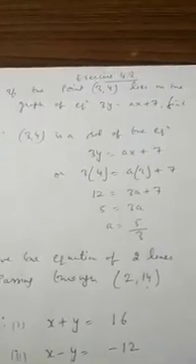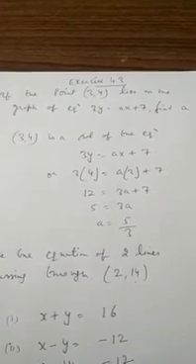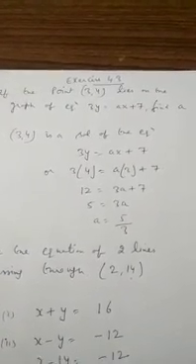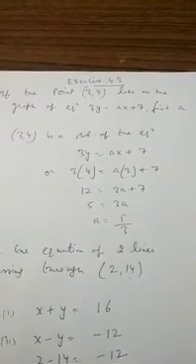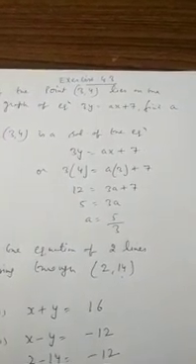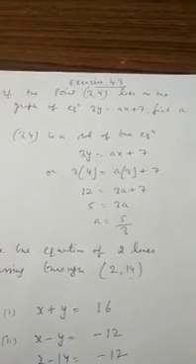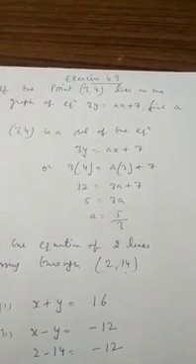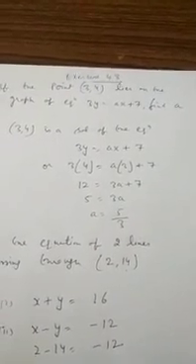So next we will discuss questions from exercise 4.3. If the point (3, 4) lies on the graph of the equation 3y is equal to ax plus 7, find a. Here there is no need to plot the graph. The equation is 3y is equal to ax plus 7.